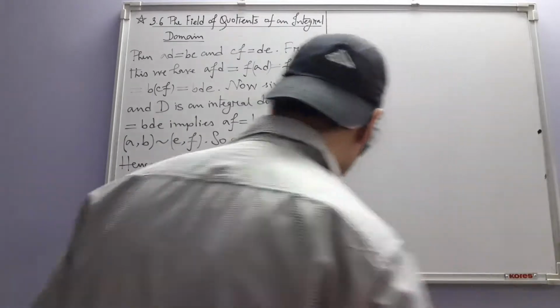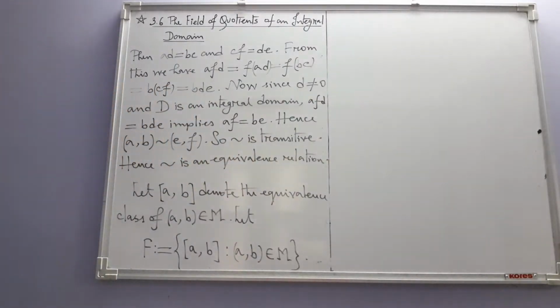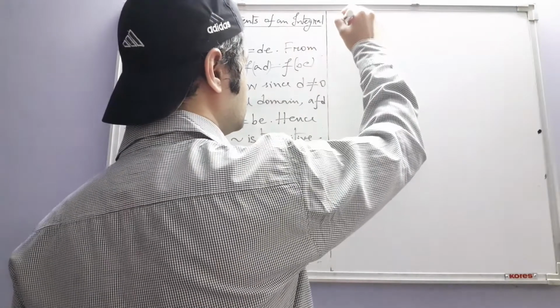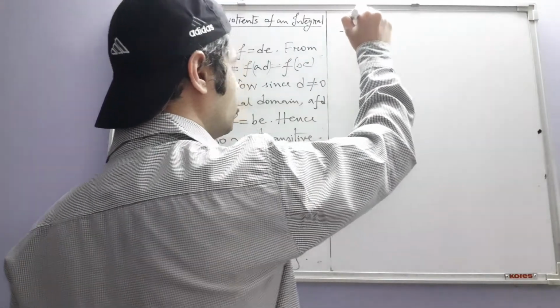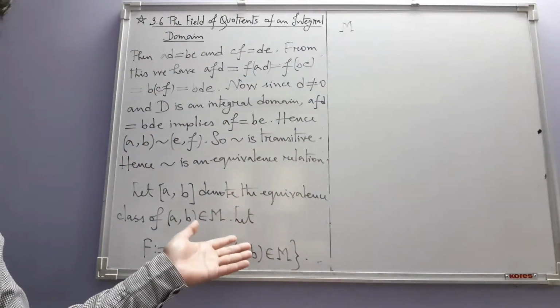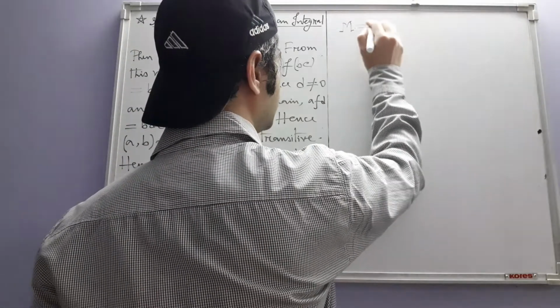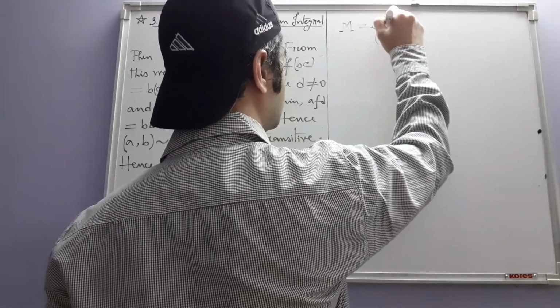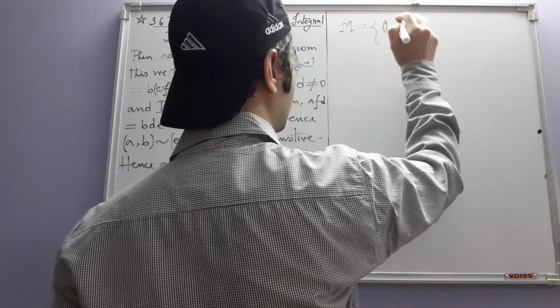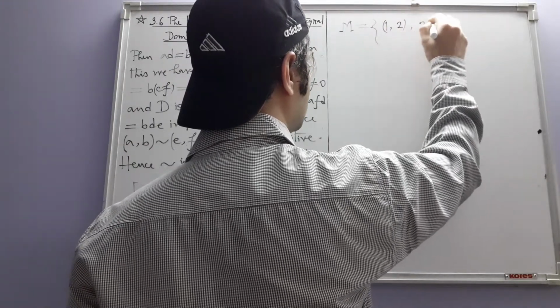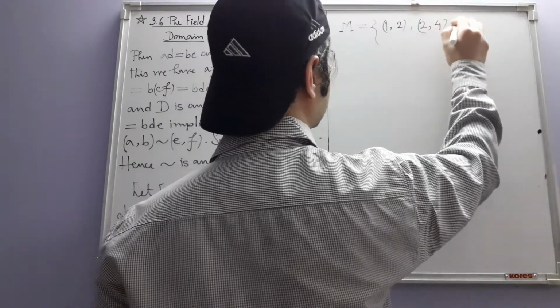So see, what we have done here is this. In M, if we go back to our original example of rational numbers and integers, we have things like 1, 2, and 2, 4, and many other things.